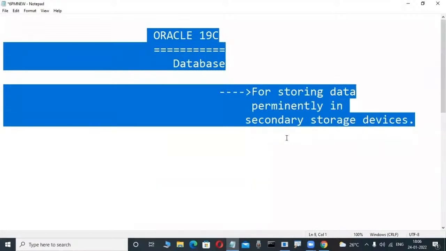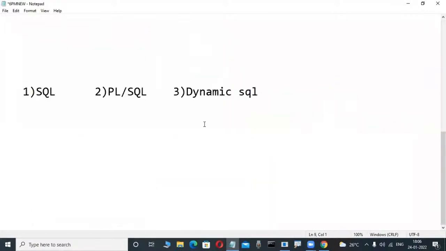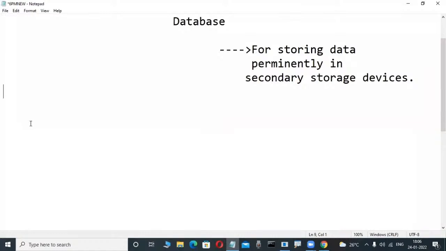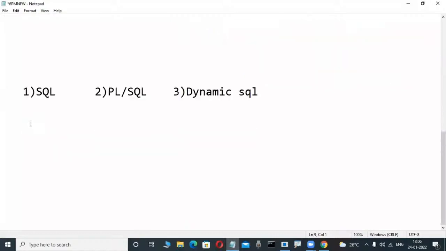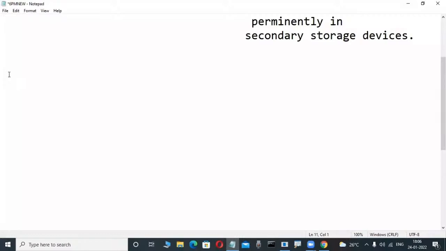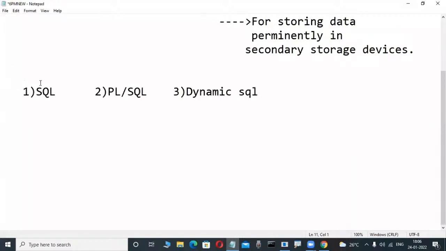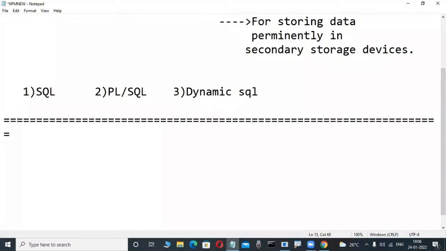Oracle, SQL Server, DB2, Sybase, MySQL are all based on the relational data model concept. To operate on the Oracle database product, we use 3 languages: SQL, PL/SQL, and dynamic SQL. Up to this, we learned in previous classes.